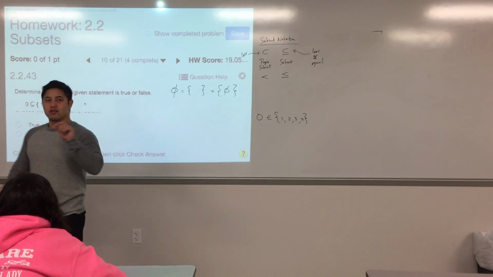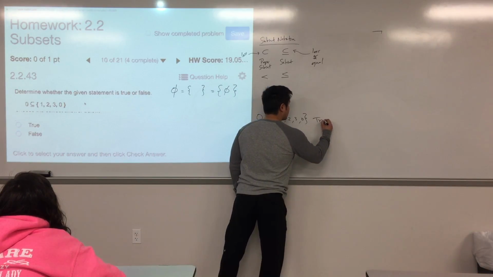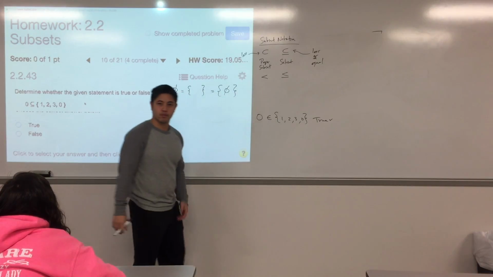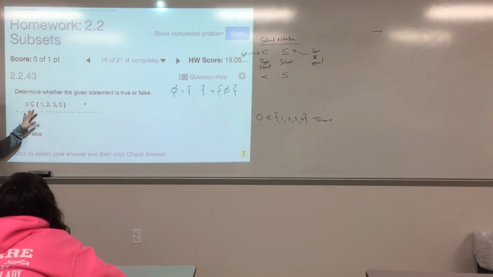So 0 is an element of that. You would have said in your previous night's homework that that is true, right? Everybody agree? Okay. Now, we have a problem that looks very similar to this, except we have subset notation. Based on the work that we've done before, would you say that this is true?